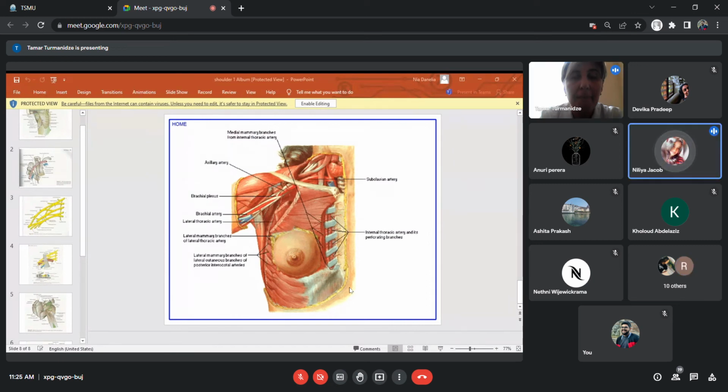Ma'am, could you talk about subtotal thyroidectomy? Thyroidectomy, what don't you understand? Ma'am, like how the incisions are made. First tracheostomy, now thyroidectomy. Tracheostomy, what don't you understand? Which group are you?